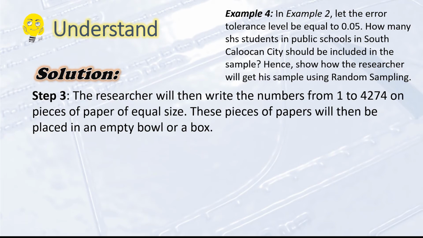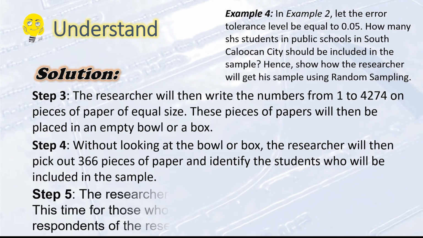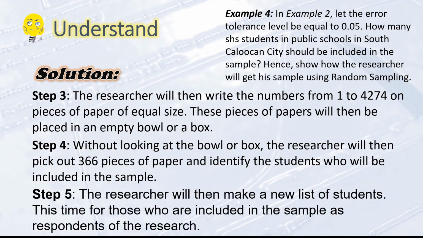During the next step, the researcher will then write the numbers from 1 to 4,274 on pieces of paper of equal size. These pieces of paper will then be placed in an empty bowl or box. Without looking at the bowl or box, the researcher will then pick out 366 pieces of paper and identify the students who will be included in the sample. The researcher will then make a new list of students, this time for those who are included in the sample as respondents of the research.